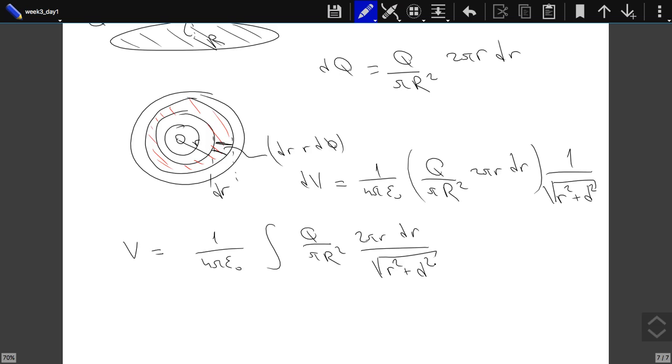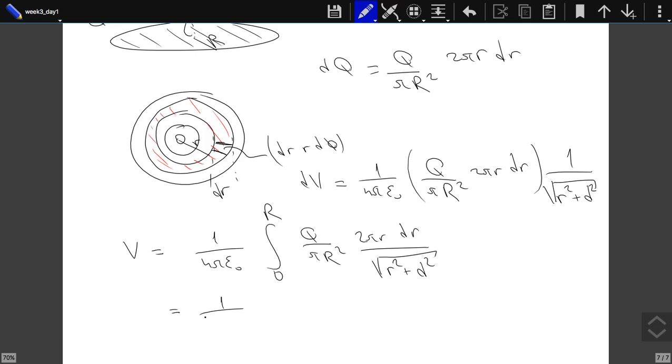And the radius of the ring starts from 0 and goes to the capital R, which is the radius of my disk. You see, this was an arbitrary ring. I'm just summing over all these rings, and the smallest ring has the radius 0, the largest ring has the radius of the disk. So that's how I determine the limits.